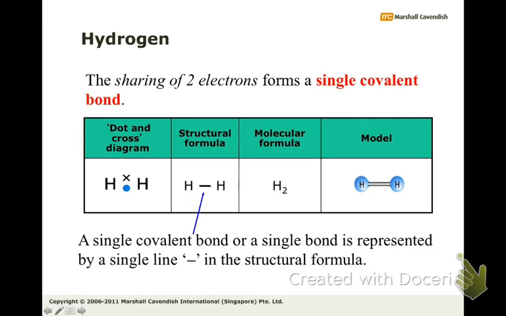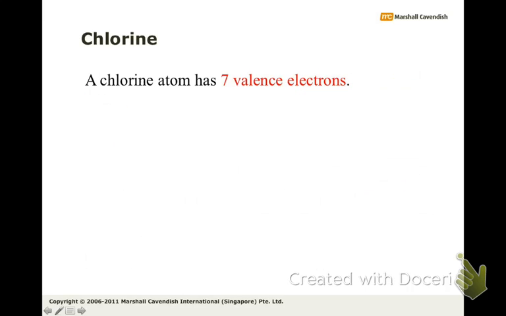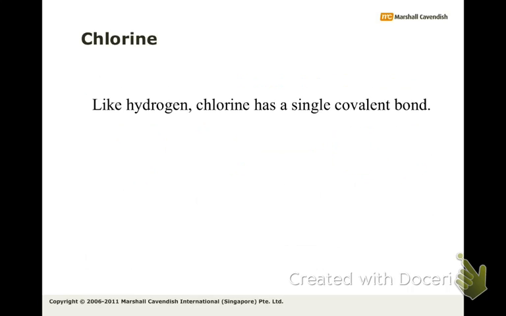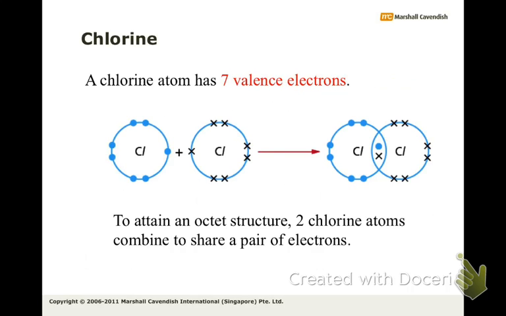Now let's look at chlorine. Chlorine has 7 valence electrons. So how about a chlorine molecule? Chlorine molecule, again, you have 7, right? Always remember the rule is if it's in group 7, it will share 1 valence electron to form an octet configuration.